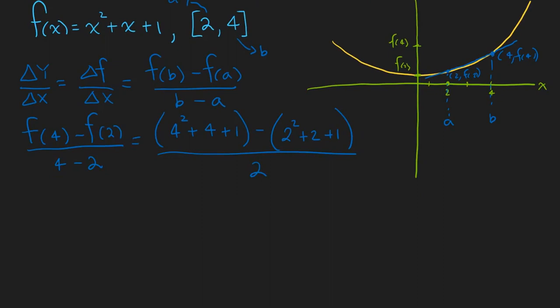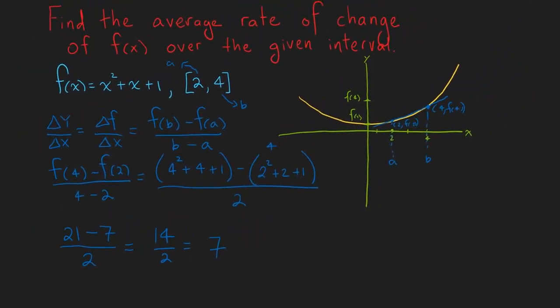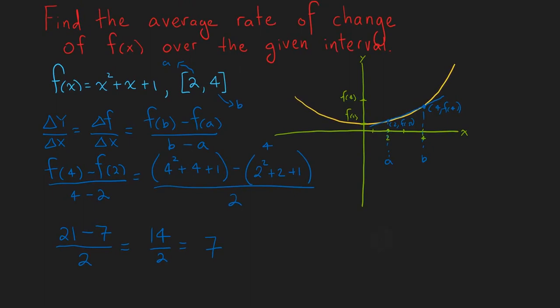Well, 4 squared is 16, plus 4 plus 1, well, 16 plus 4 is 20, and then 20 plus 1 is 21, so 21 minus, well, 2 squared is 4, and 4 plus 2 is 6, plus 1 is 7, so 21 minus 7, all over 2 is equal to 14 over 2, which is equal to 7. Well, what we just found was the average slope through that interval 2, 4.